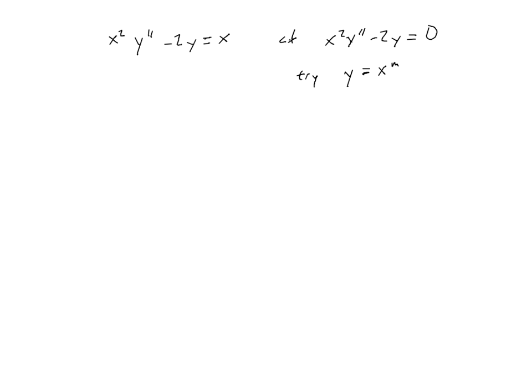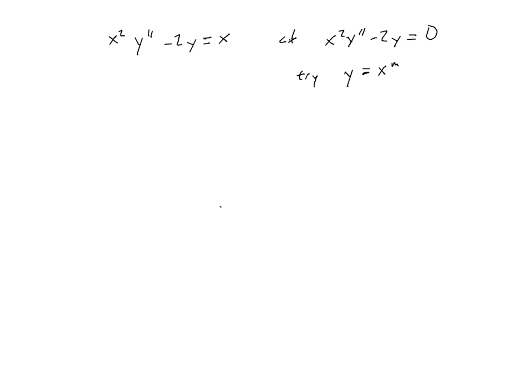Exactly. Because what happens here is that when I take something like x to the m, when I take a derivative, I lose a power of x up here. And so I've lost 2 powers of x when I take a second derivative. But somehow, when I multiply this by an x squared, they're the same, and they can cancel out to give me 0. So therefore, I want x to the m so that I keep the same power of x overall.